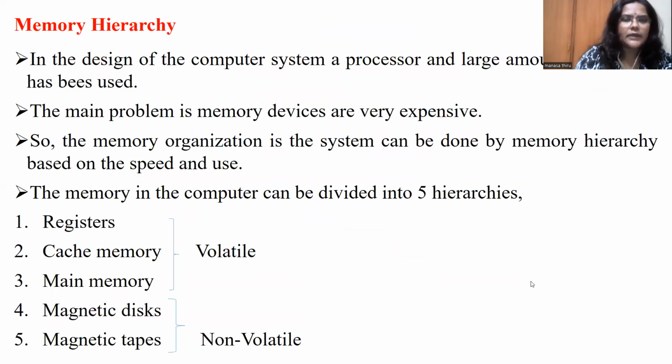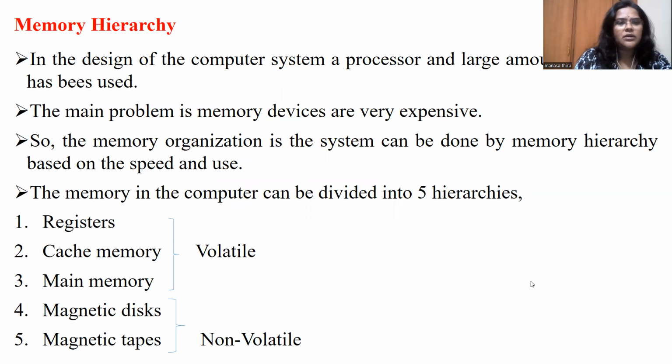Next is memory hierarchy. Memory hierarchy is designed to use the memory properly. The main problem is that memory devices are very expensive. So to use those expensive devices, we have to store the data into the memory according to the size of the data. For that, we need to follow the memory hierarchy.